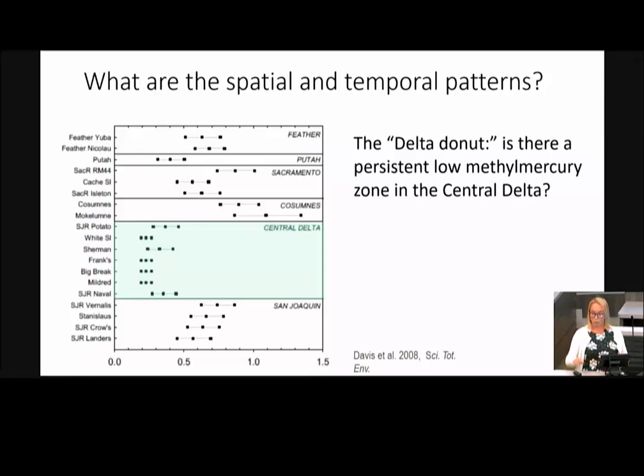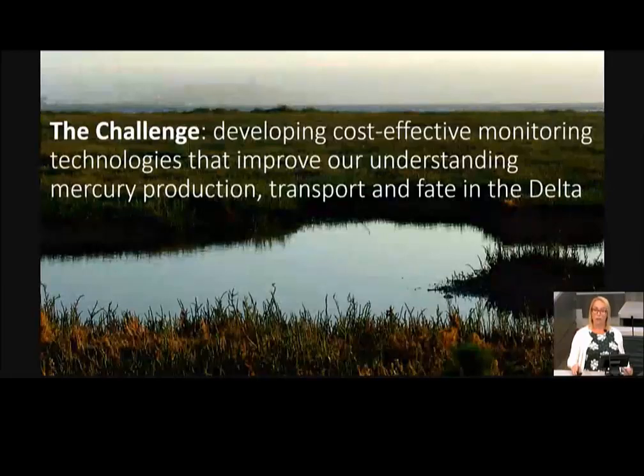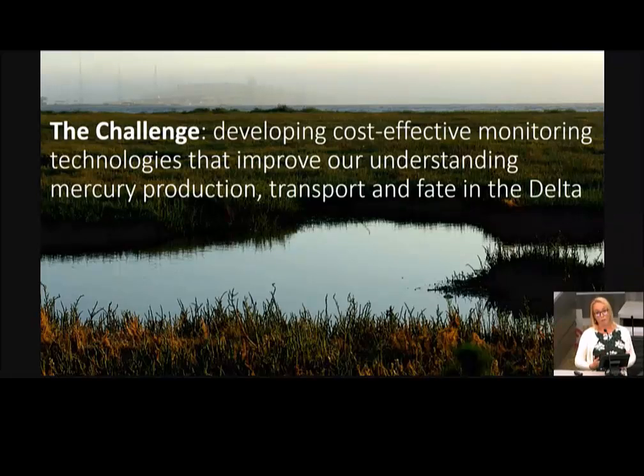And if we're going to get to a place where we can fully understand what the spatial and temporal patterns of mercury are so that we can create those well-informed advisories for the public, as well as start to effectively manage mercury in the system and understand how to restore our wetlands in an effective way, we need to start thinking about developing cost-effective monitoring technologies that are going to help improve our understanding of where mercury is, how it's being produced, and where it's going.